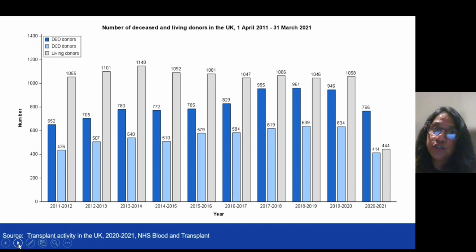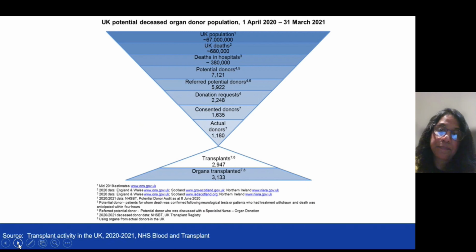If you look at the sources of donation or the types of donation, then donation after brainstem death continues to be the predominant source of transplanted organs. Living donors, the numbers have also increased. There has been a drop in the last couple of years because of the pandemic.